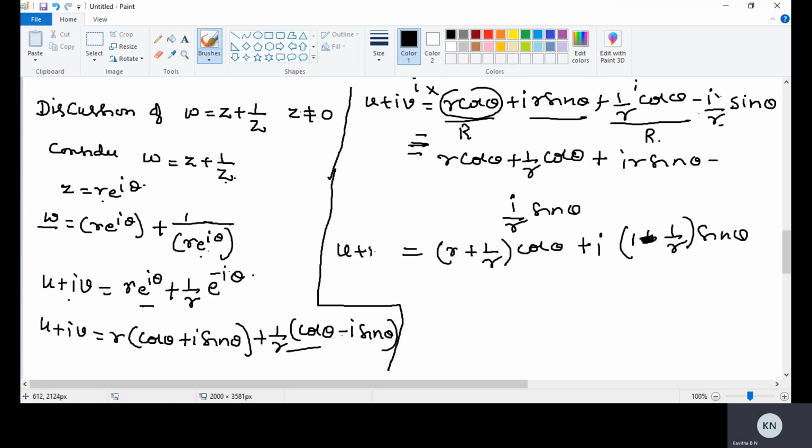Okay, here U plus IV. Here U is equal to R plus 1 by R and V is equal to R minus 1 by R.